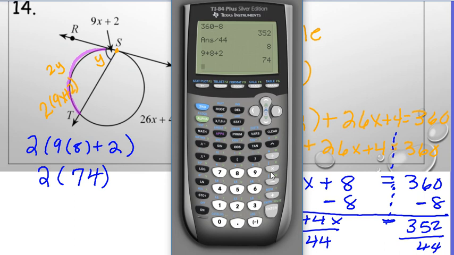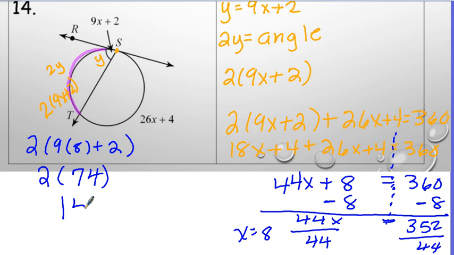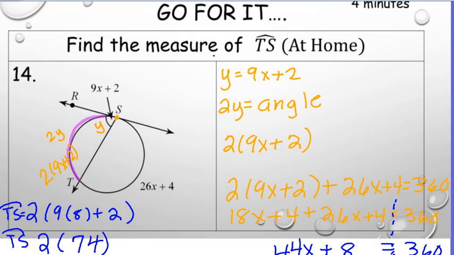All right, 74 times 2 is 148. And so arc TS is equal to 148 degrees. Okay, so let's keep going.